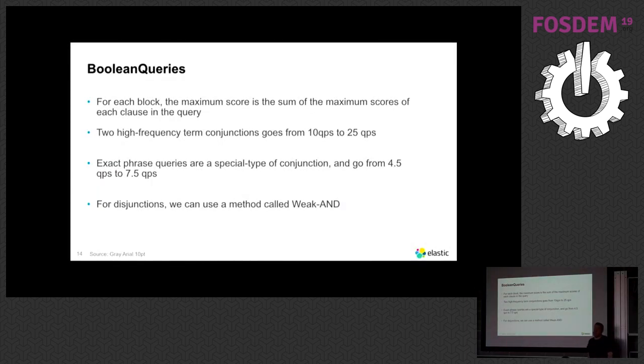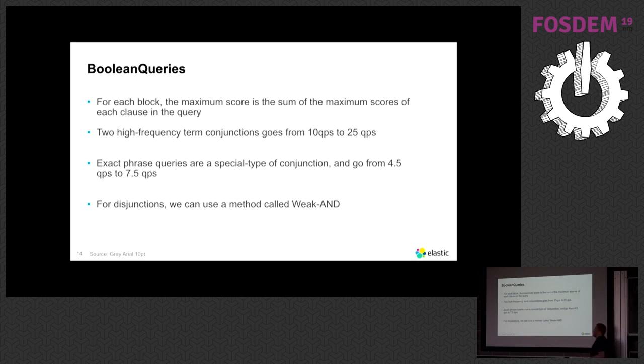Then on top of the term query, obviously the next important one here is the Boolean query. So how are we going to combine all these different terms together? Boolean queries are scored by just summing up all of the matching clauses on a particular document. So the maximum score is just the sum of the maximum scores for its subclauses.